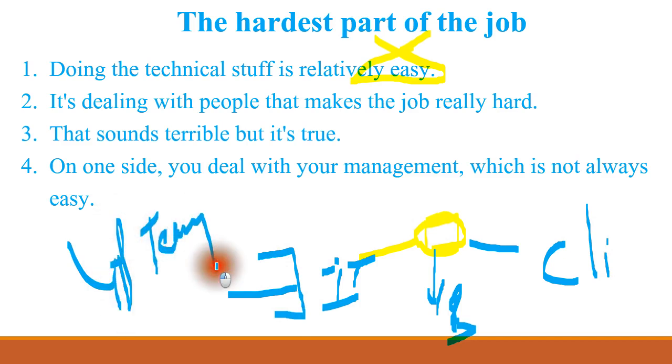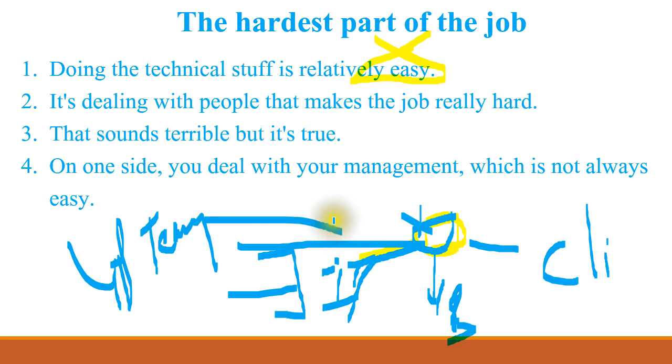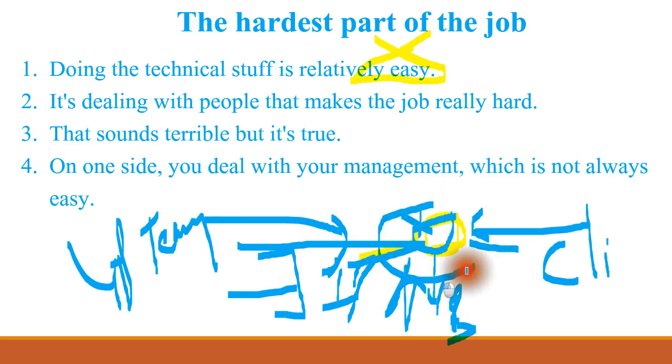So you are one person, and if anything is down, your junior will call you, your senior will call you, this business guy will call you, this client will call you. At one time you will have to answer multiple people. So that is the situation.